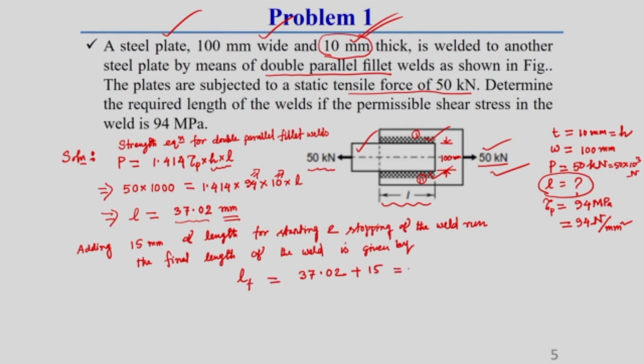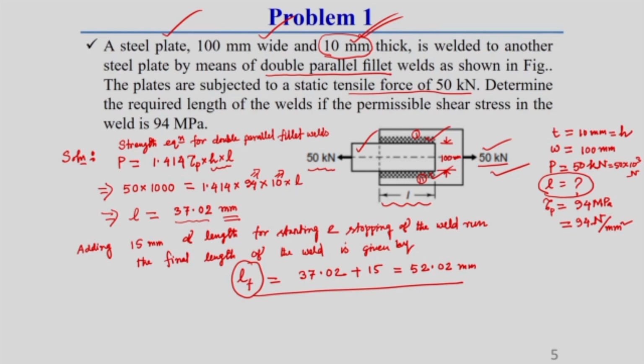So, this will give us 52.02 millimeter. You should keep this in mind. Once the final length of this weld is 52.02 millimeter, your weld will be on the safe side due to the externally applied load of 50 kilonewton.